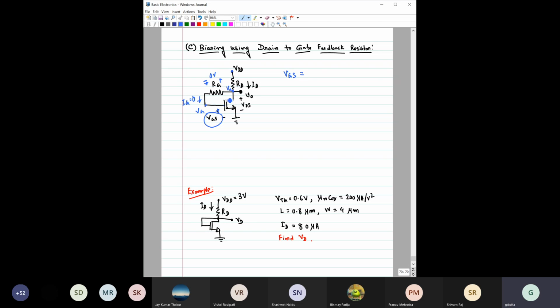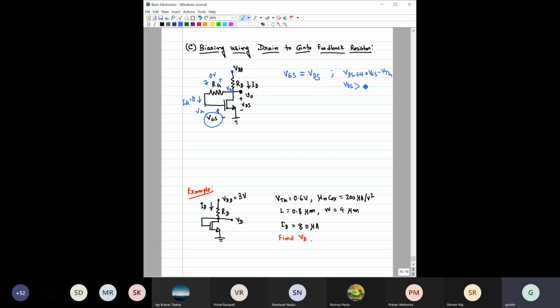So we can write that VGS is basically equal to VDS, since this is the drain terminal. So for this type of case, VGS is equal to VDS. And VDS sat is VGS minus VTH, right?